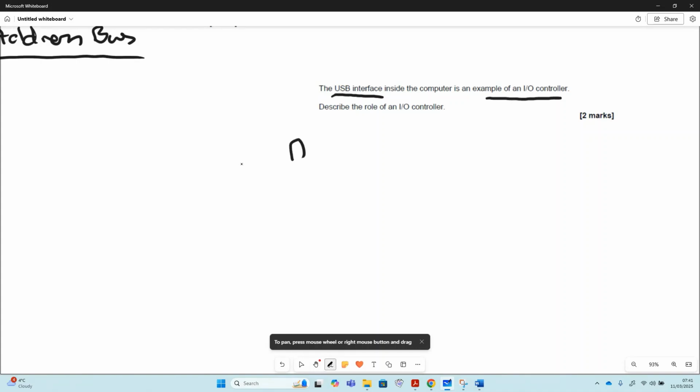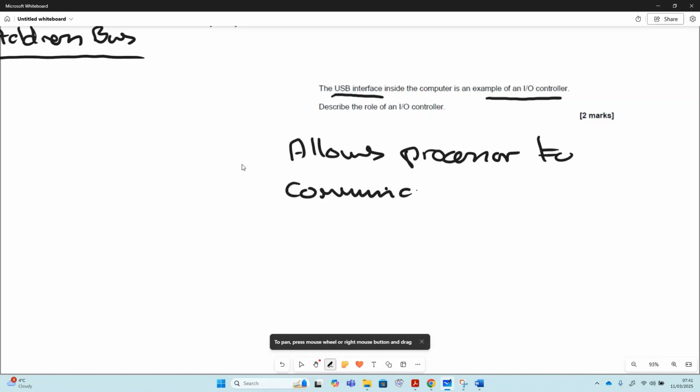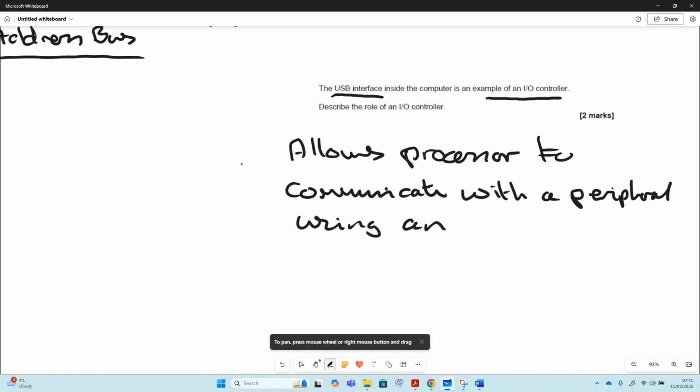So we could say that this allows the processor to communicate with a peripheral, any device will do really, using an I/O port.